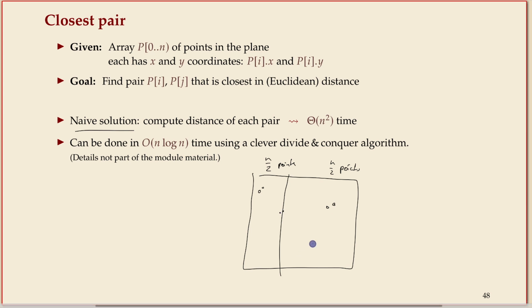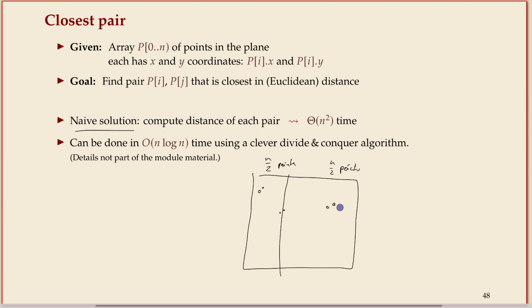The point is that the points are on either side of the line. So these two might be closer, but neither of the two half recursive calls would have seen the pair, because they each got just one of them.